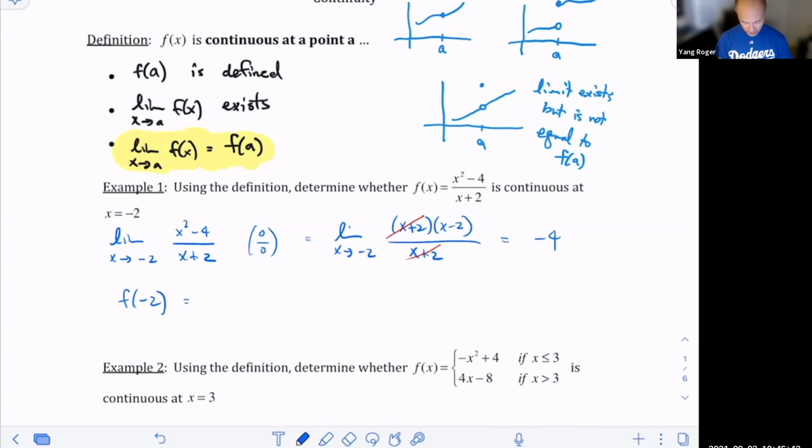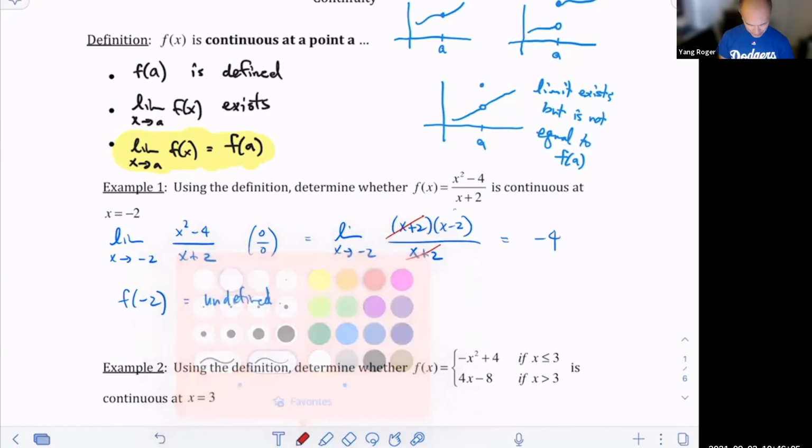When I look at my function, do you see how -2 is not inside the domain? So this is actually undefined. So this one is not continuous.